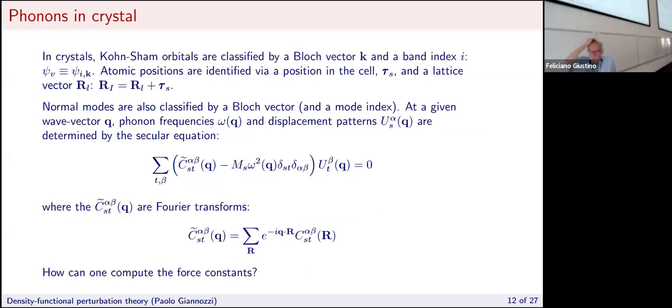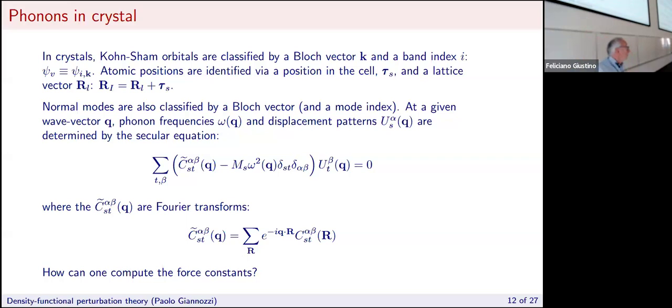Now, in crystals, what happens in crystals? In crystals, your Kohn-Sham orbitals are classified with Bloch vector k. You have a band index i. That's textbook solid state physics.